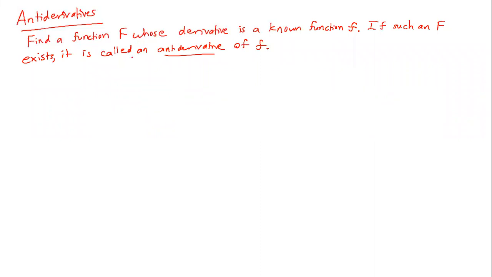So the antiderivative is when you find some function where when you take its derivative, you get this function f. The antiderivative is whatever it is where its derivative equals f.